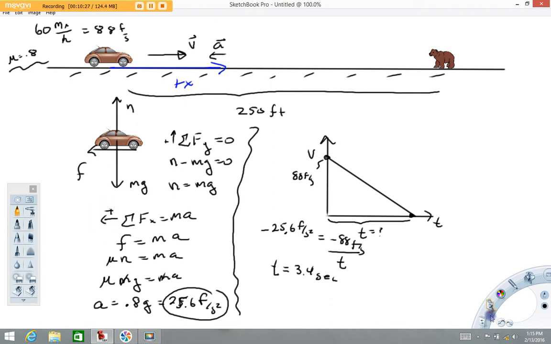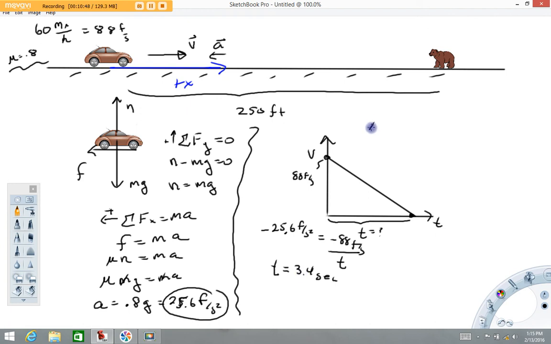However, when I use that value over here, noting that my velocity is decreasing in this set of coordinates, that would be a negative number. So that's why my acceleration over here is 25.6 feet per second squared with a minus sign in front of it, because the acceleration is left and I've got right positive for my motion study. Solve this for t: 3.4 seconds.